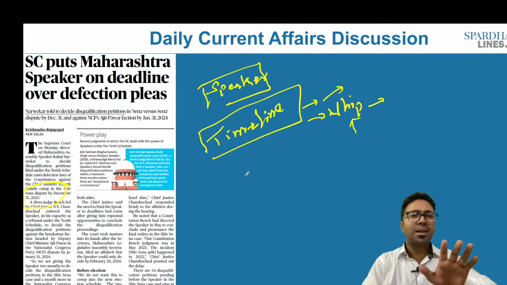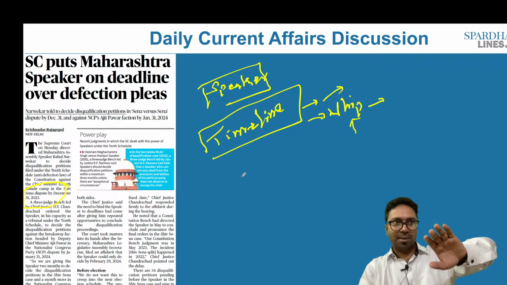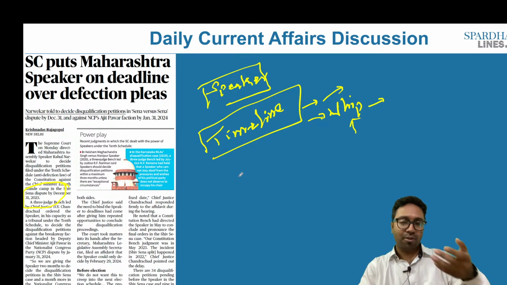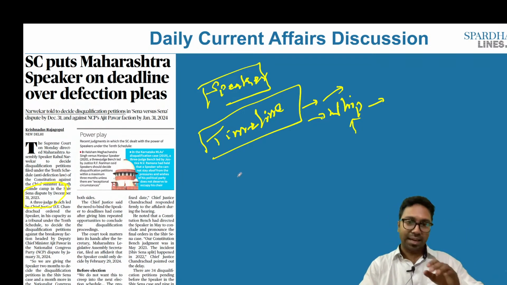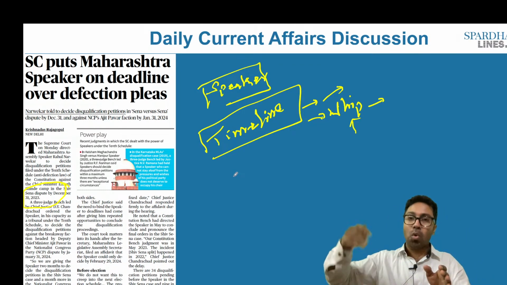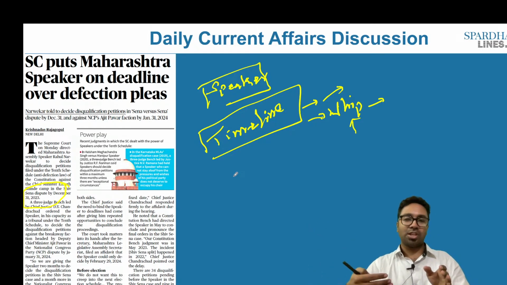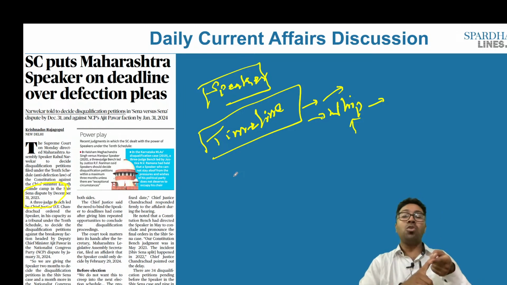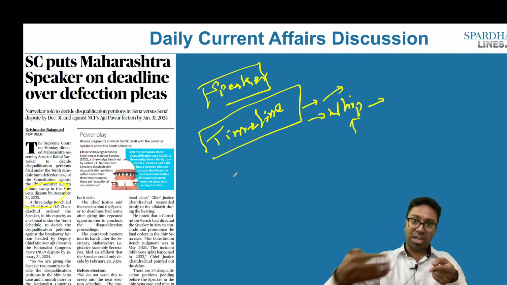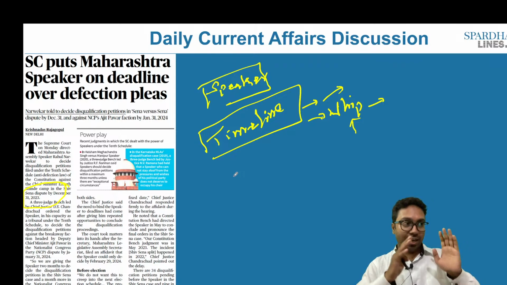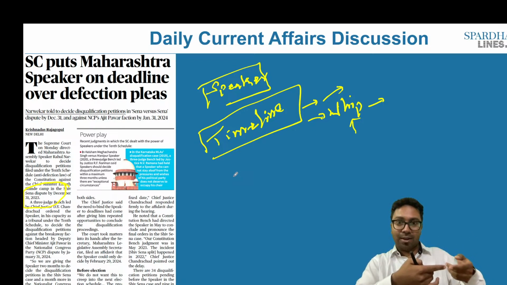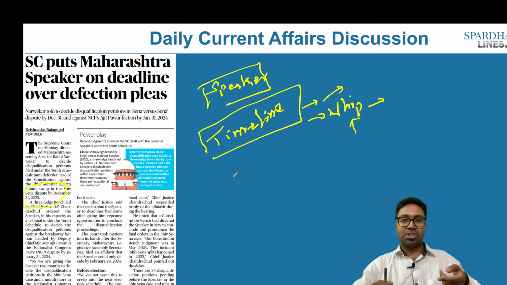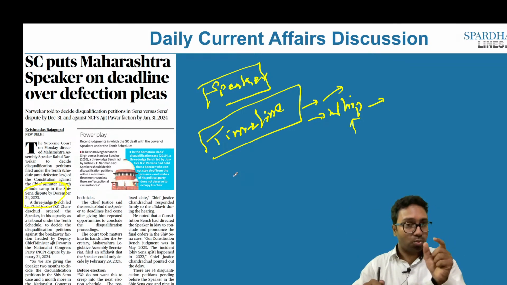But generally, under Article 102 or Article 191 of the Indian Constitution, if a person has to be disqualified, it is the President or the Governor who decides, with the recommendation of the Election Commission. Only in the anti-defection law do we have the Speaker who decides. This is very, very important.